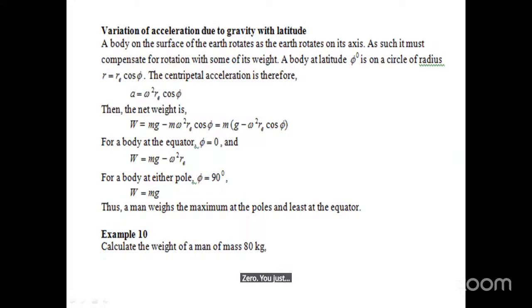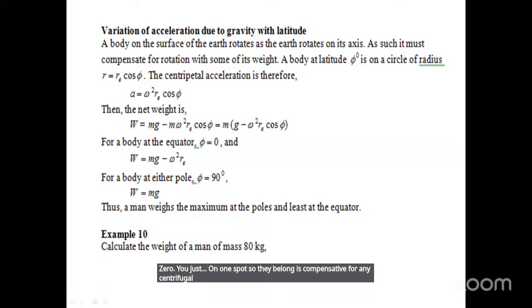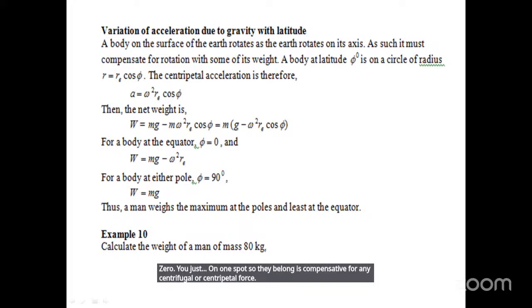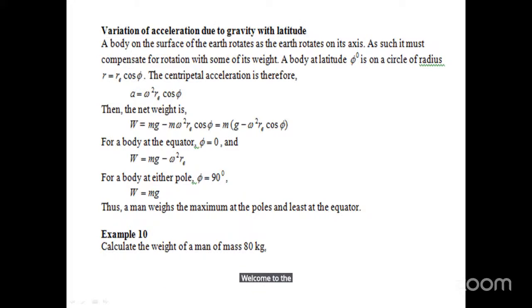Zero, sir. So there will be no need to compensate for any centrifugal or centripetal force. What keeps a body in circular motion? Centripetal force, right? Not centrifugal force. Centrifugal force is a fictitious force due to the inertia of the body.